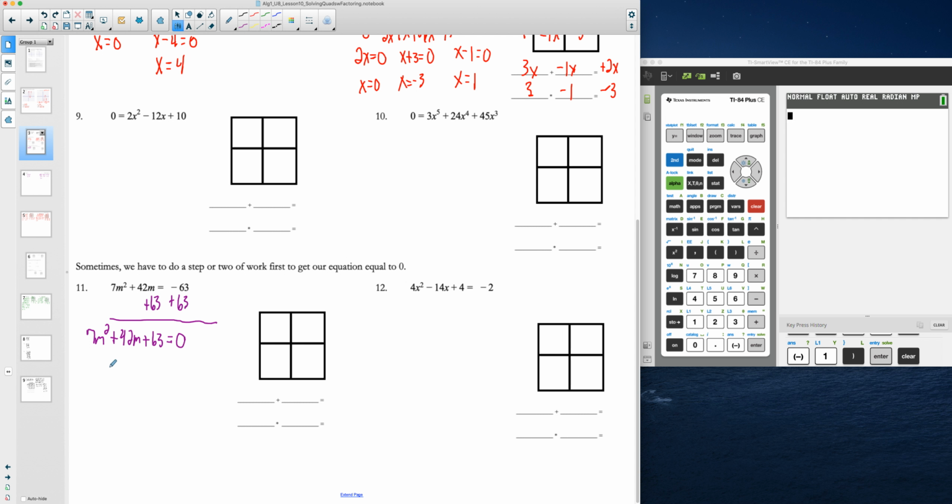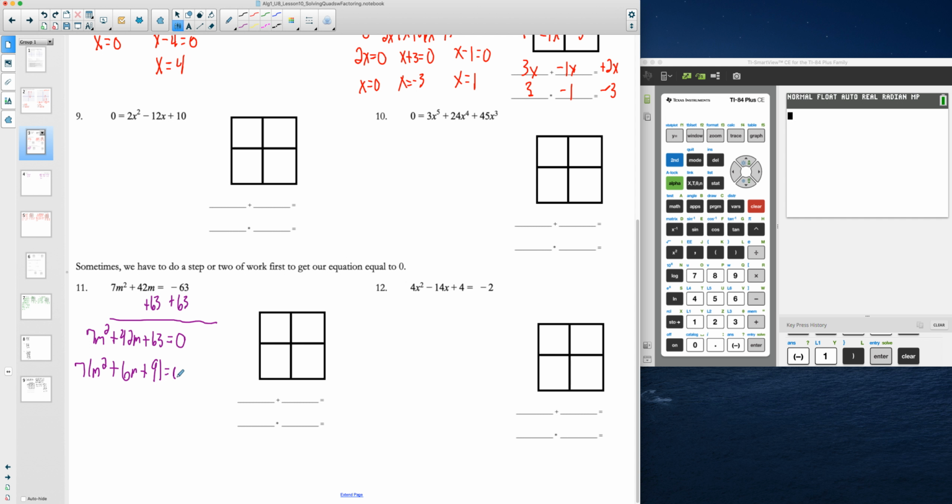I'm going to look for my GCF, which in this case is a 7. So I'm going to take a 7 out here. And if I take that 7 out, that's going to leave me m squared plus 6m plus 9, and that's equal to 0.